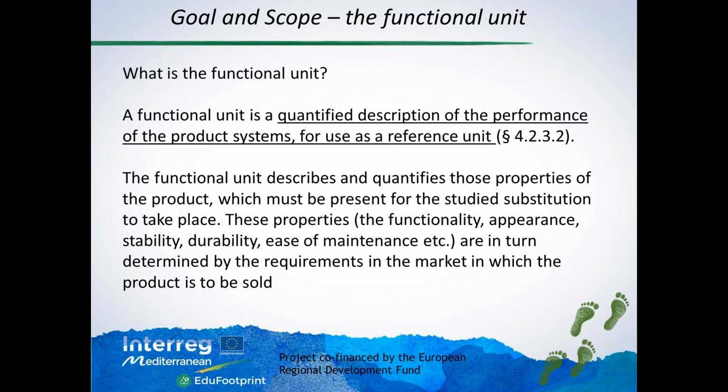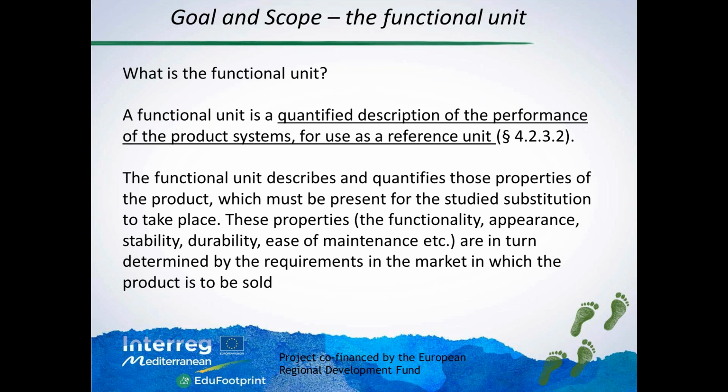The functional unit is a quantified description of the performance of the product system for use as a reference unit. So when you start to make a life cycle assessment, you have to define your functional unit. But the functional unit is linked to the performance of a product, not only the product itself, but the performance of it.